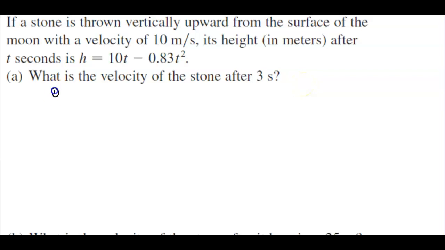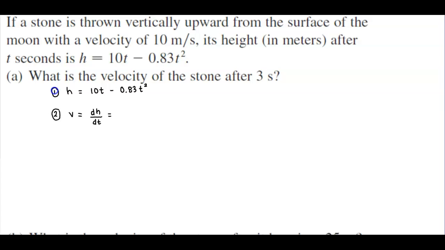So again, we know that the height h is equal to 10t minus 0.83t squared. And so in order to find the velocity of this function, we want to find the derivative of h with respect to t.